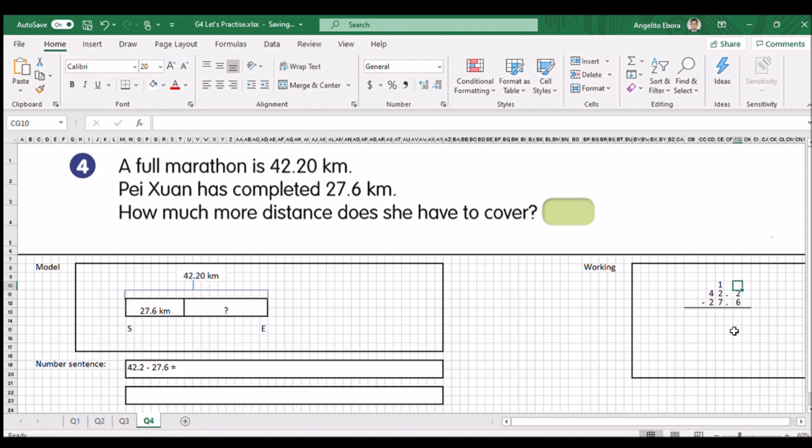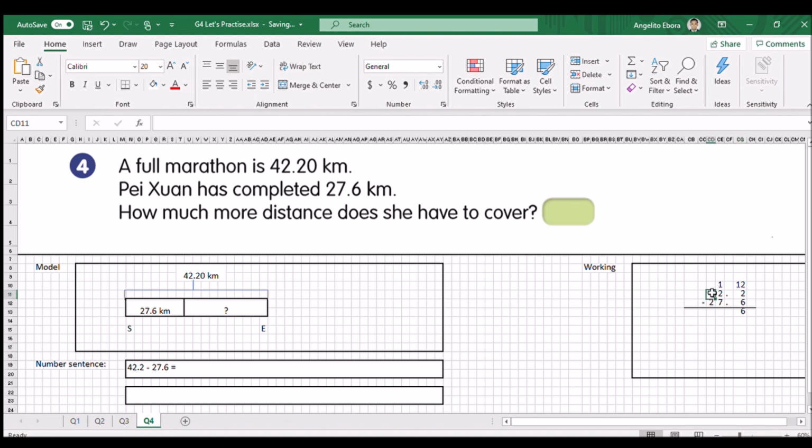So this becomes 12. 12 minus 6 is 6. And then subtract 1 minus 7. We can't subtract 7 from 1, so we have to regroup again the 4.